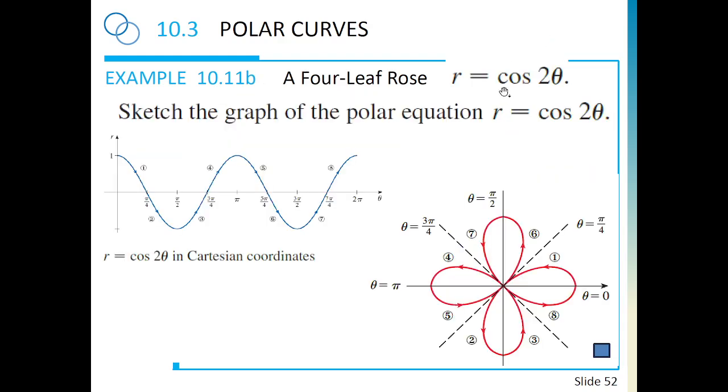If I have cosine, so the other one was sine 2 theta, this is cosine 2 theta, so the procedure is the same, but you see what happens. Cosine at 0 is 1, so I'm here. And when angle is 0, I'm here. And then as I go to pi over 4, double the angle goes to pi over 2, so cosine will go to 0.